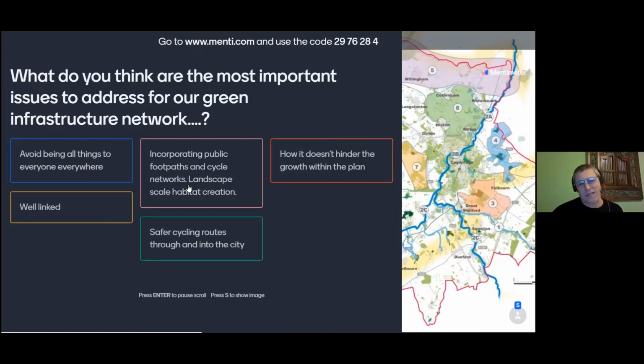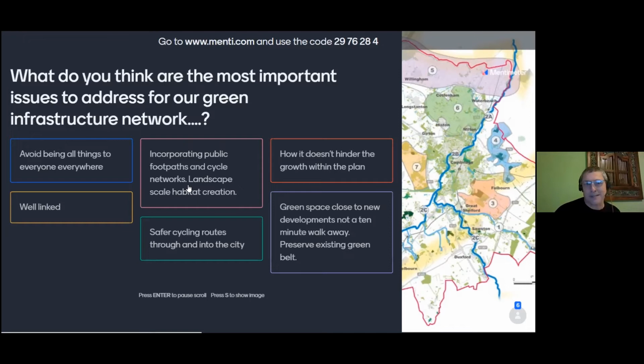Well, only to say that it's just good practice to link habitats with corridors. From an ecological perspective, that's a 101 goal. It's what you want to be doing, otherwise you end up with isolated pockets of bits and pieces that don't really do much.